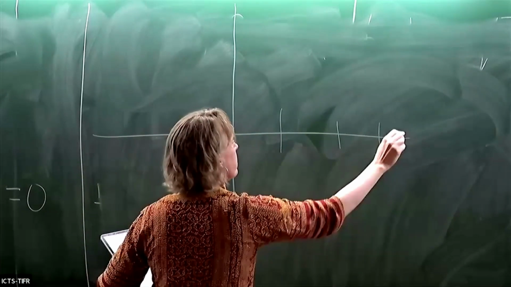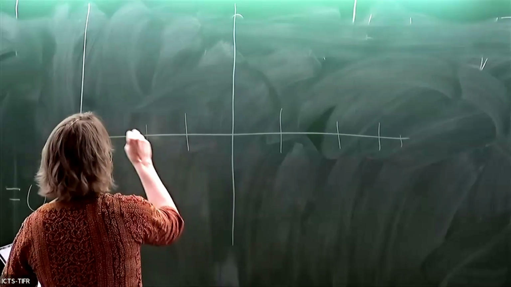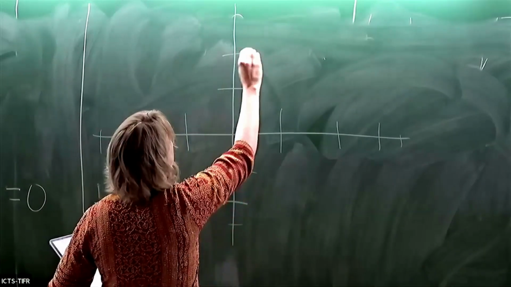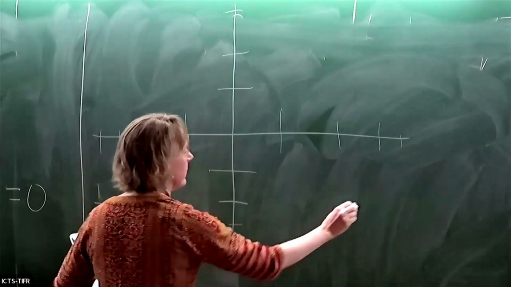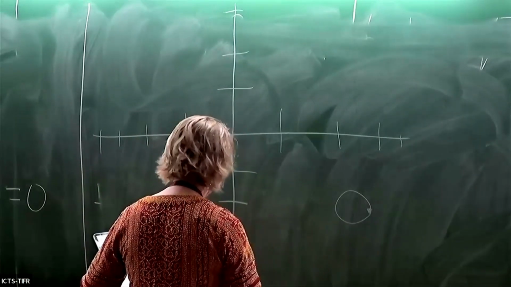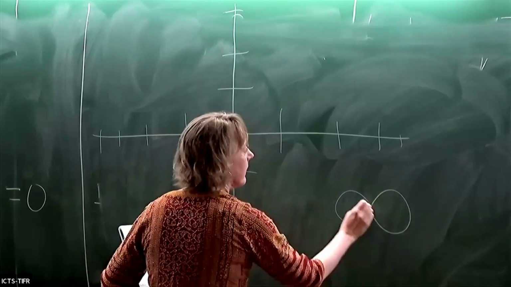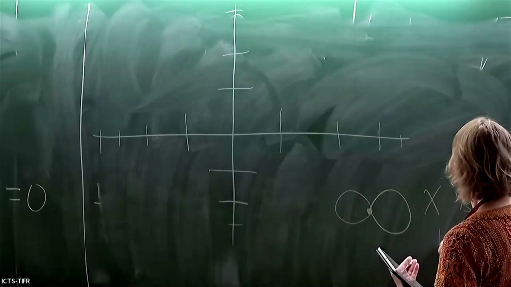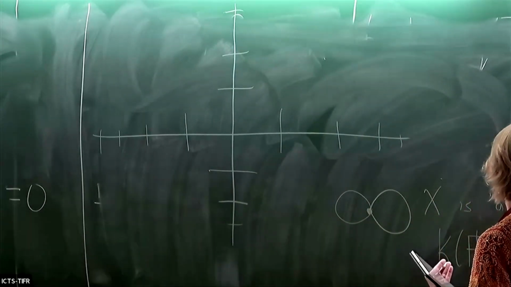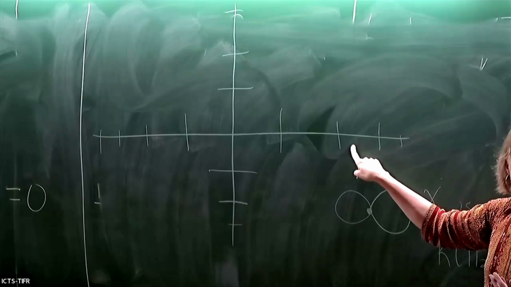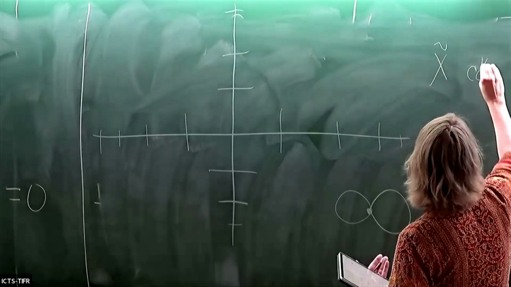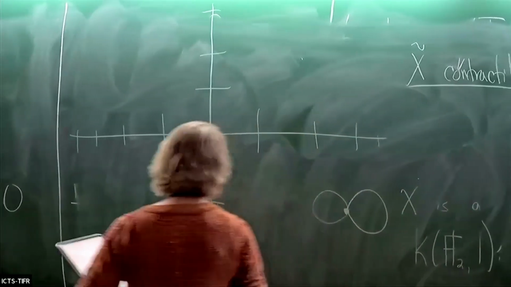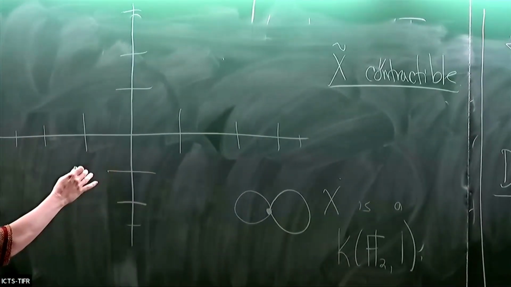So for the free group acting geometrically on this Cayley graph, when I map down, this is a KG1. This space is contractible. And we saw that this group acts geometrically on the space.